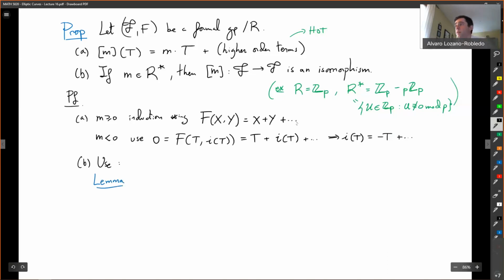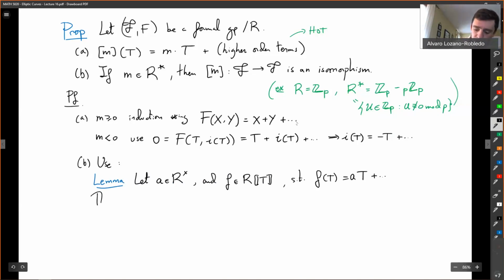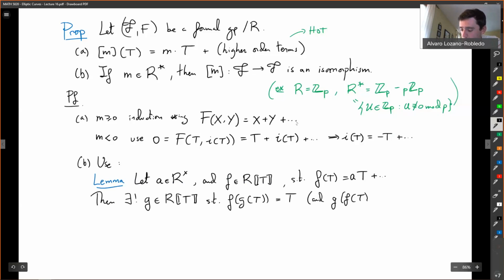It turns out, this is just a property of power series, nothing about formal groups, that if you have a unit, and f in R[[T]], and f a power series such that f(t) starts as t plus higher order terms, then there is a unique power series g such that f(g(t)) equals t, and g(f(t)) is t also.